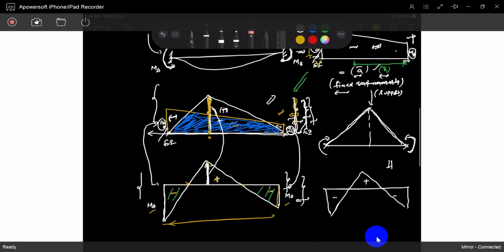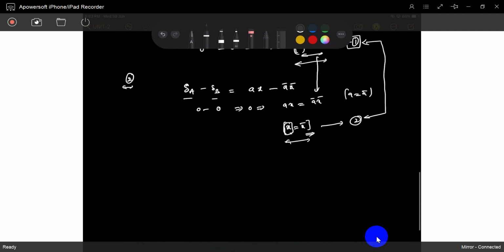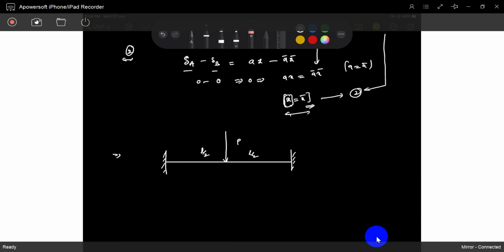So sir, how? Now I will solve a general problem. This is a fixed end support beam with a point load.